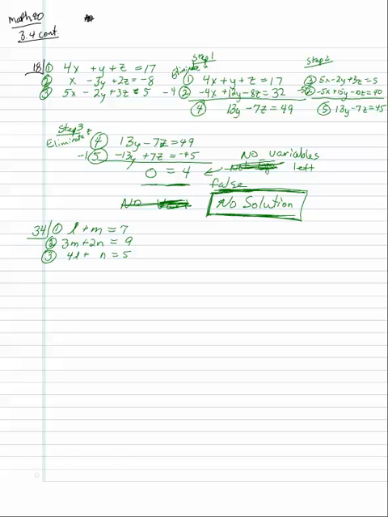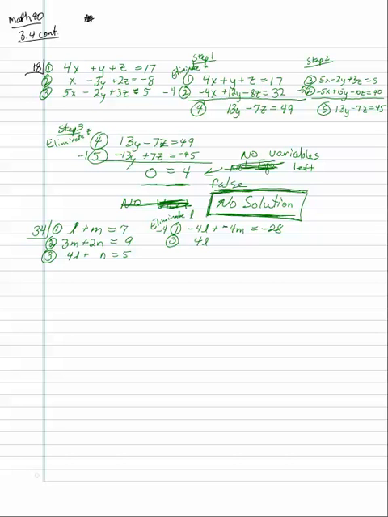So if I take 1 and 3 and eliminate L, I'll times the top one by -4, so you get -4L plus -4m equals -28.